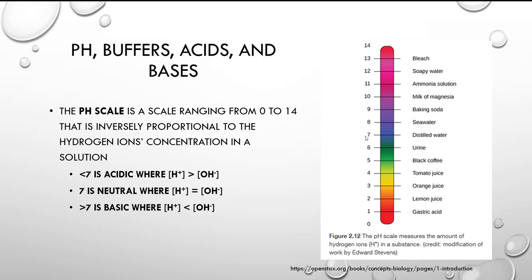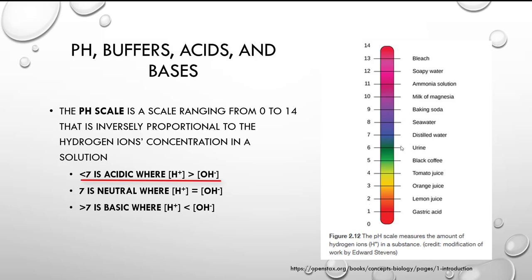Right in the middle, we have an equal concentration of hydrogen ions to hydroxyl ions, and we call that neutral. If we have a lower concentration of hydrogen ions to hydroxyl ions, we call that basic. If we have a higher concentration of hydrogen ions to hydroxyl ions, we call that acidic.